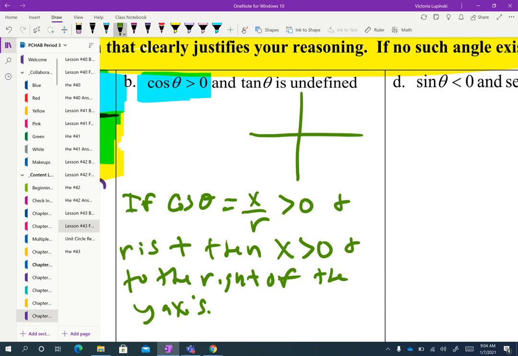So very similar explanation as it was in the previous problem. If you're dividing something by something and getting a positive, if the denominator is positive, the only way that that can happen is if the x value is also positive, which means we are looking somewhere over here.